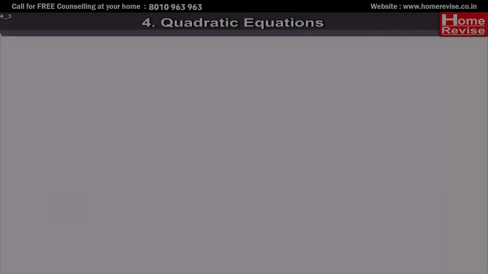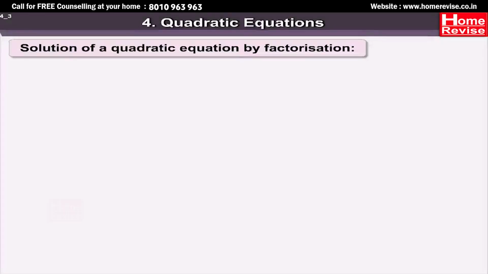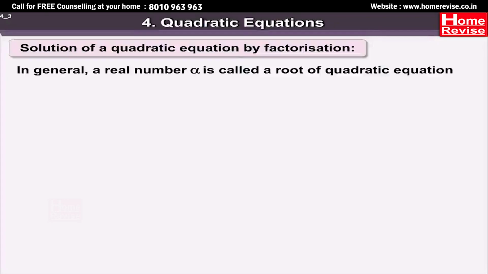Solution of a quadratic equation by factorization. In general, a real number alpha is called the root of quadratic equation ax squared plus bx plus c is equal to 0, where a is not equal to 0, if a alpha squared plus b alpha plus c is equal to 0.